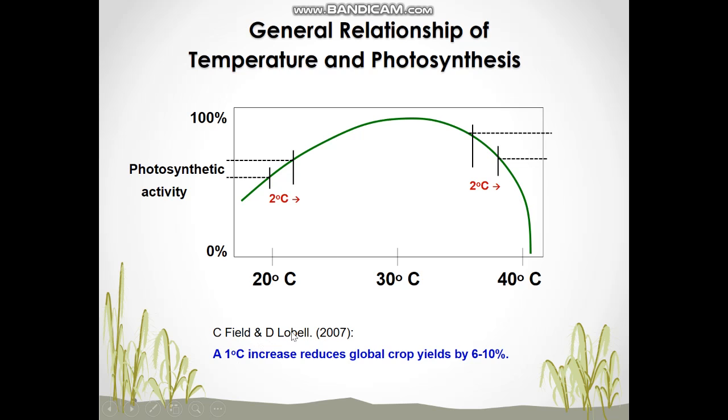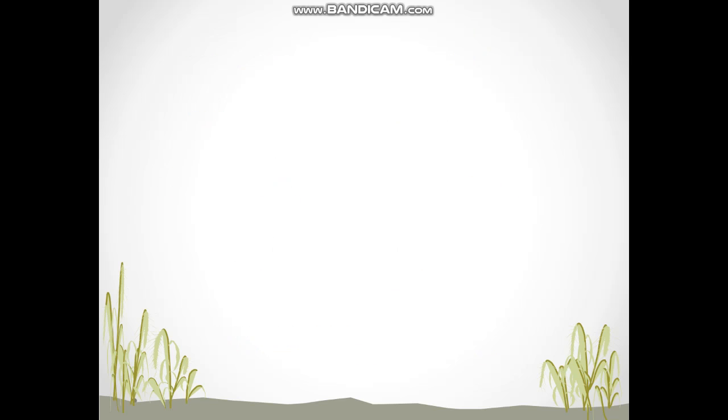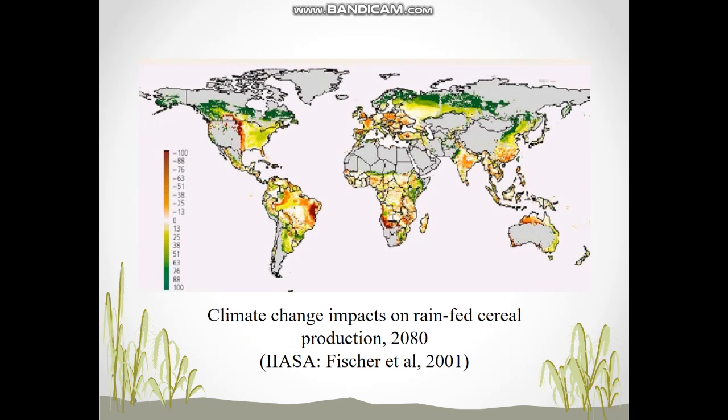And according to Field and Lobell, a 1 degree centigrade increase in global mean temperature will decrease global crop yields by 6 to 10%. And this map by Fischer and colleagues provides a prediction of the effect of climate change on rain-fed cereal for the year 2020.